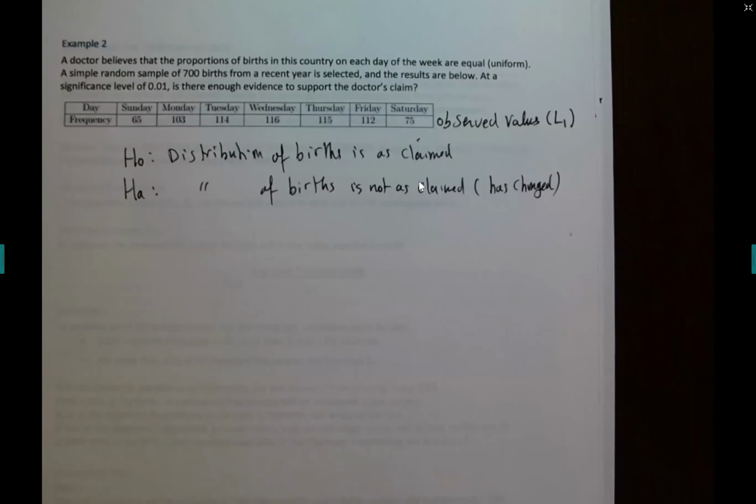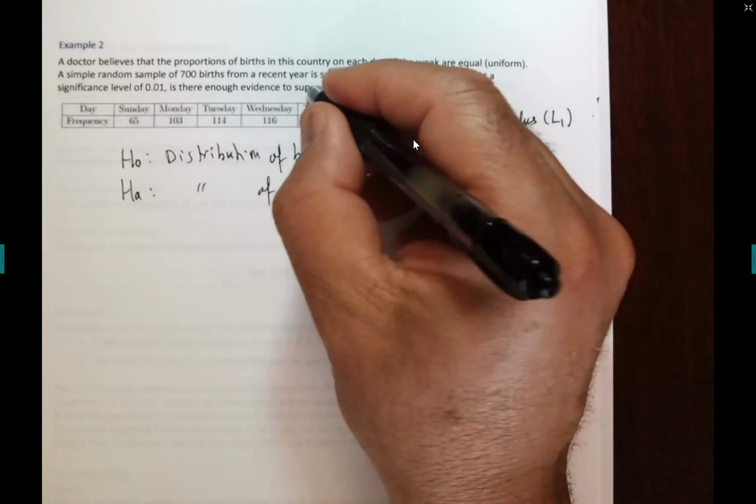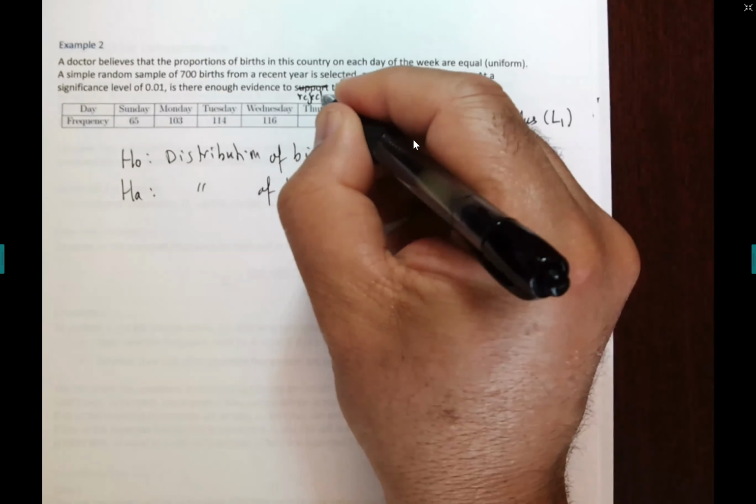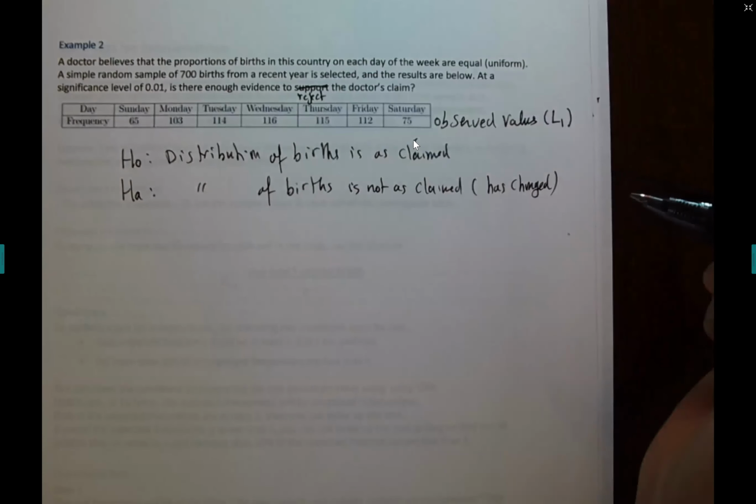It says a doctor believes that, okay, let me see here. And the null, correct. I'd like you to change this here, guys. That shouldn't be "support." When the claim is in H0, you ask if you can reject the claim.